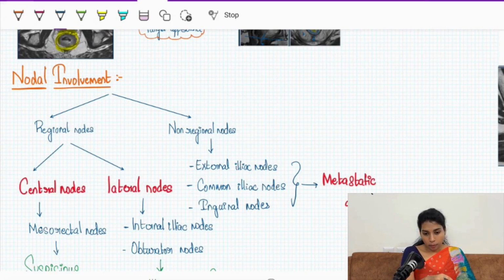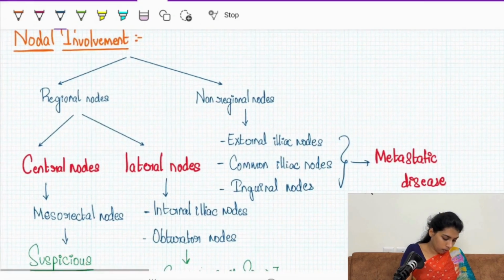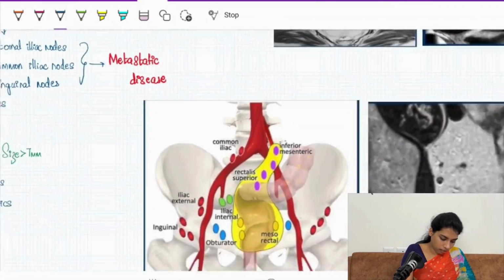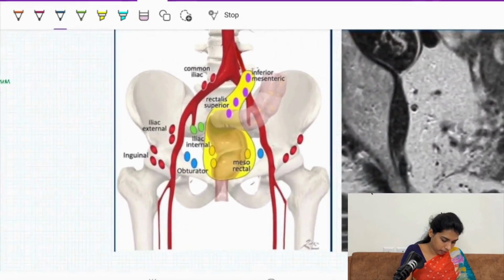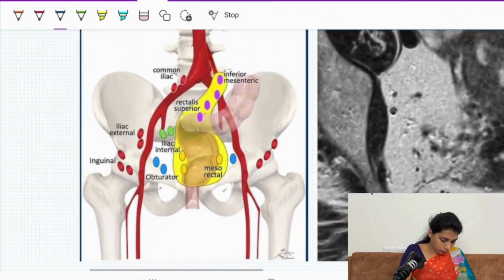Now, for any carcinoma, there are some set of regional nodes, or basically the nodes which are commonly involved for that cancer. And then you have something called non-regional nodes. I'll look at an example to make you guys understand. What do I mean by regional nodes?